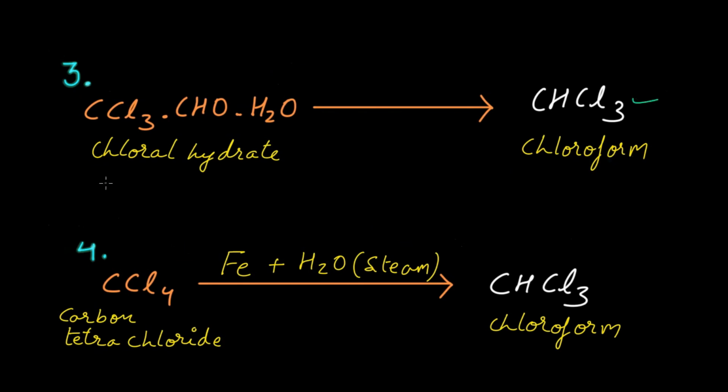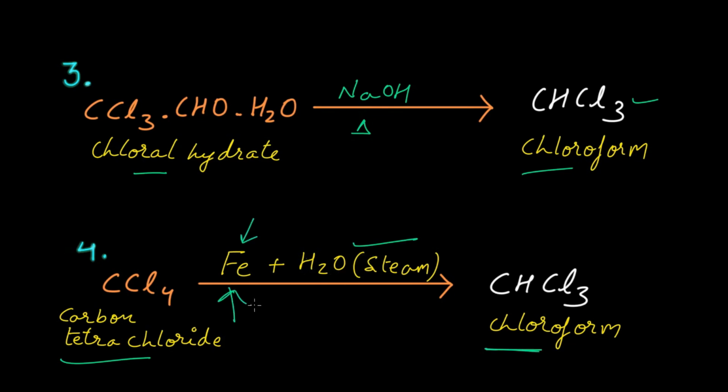Now this is chloral hydrate, CCl3CH(OH)2. This is our chloral hydrate. When this is heated in presence of NaOH base, we get chloroform. Fourth reaction, when carbon tetrachloride is heated or is allowed to pass through steam in presence of iron, you get chloroform.